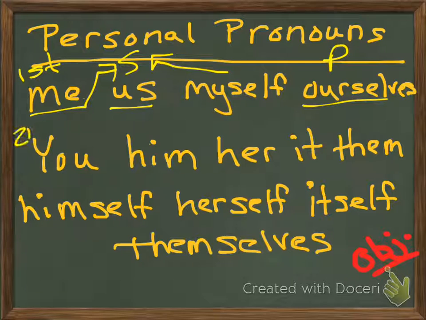In the second, you have you. Him, her, it, and them are in the third, and himself, herself, itself, themselves.